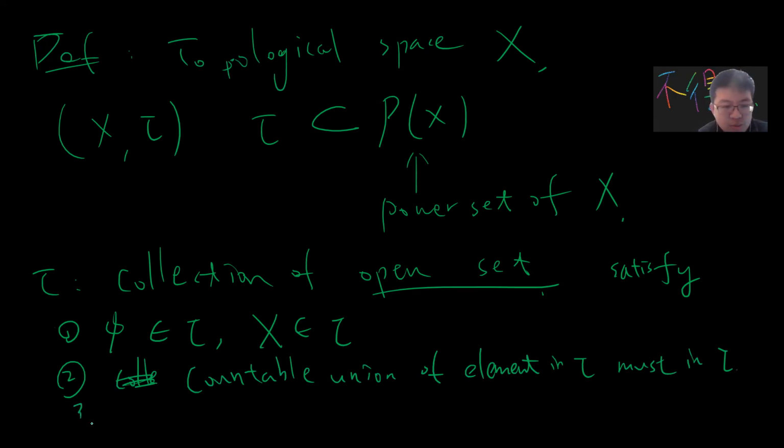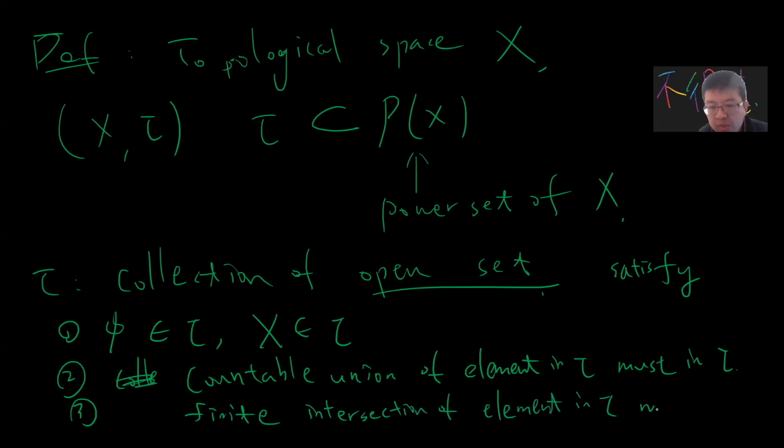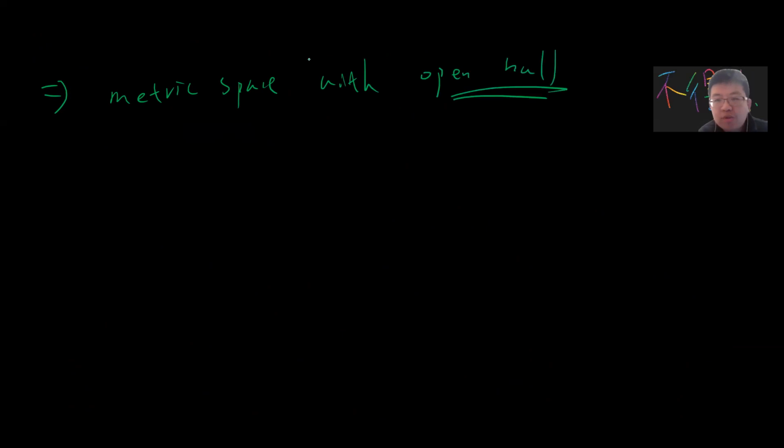The third is that a finite intersection of elements in tau must be in tau. So this is the general topology, and one could easily see that we just proved that a metric space, with open sets defined as sets where every point has some open ball, is a topological space.